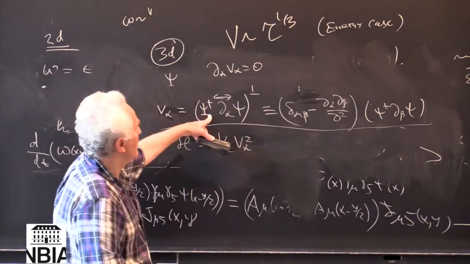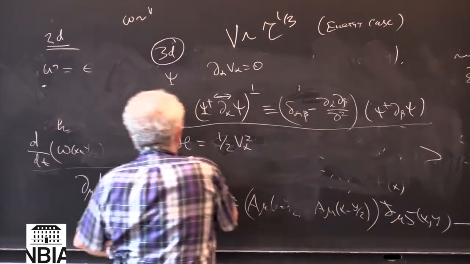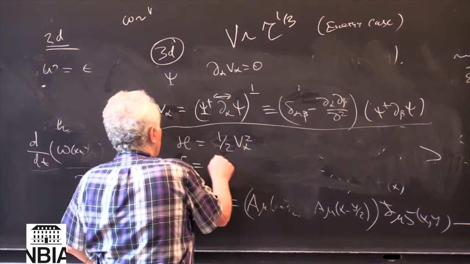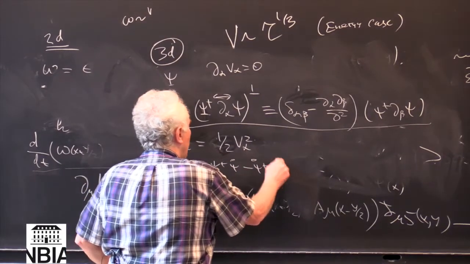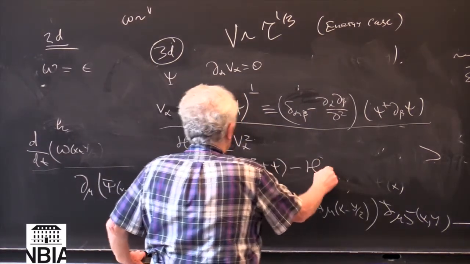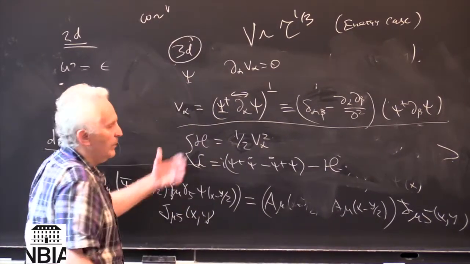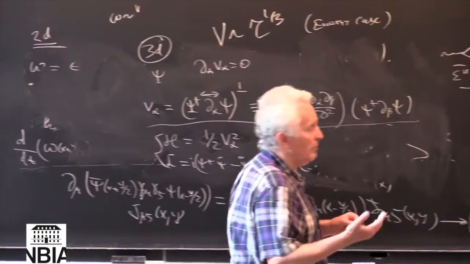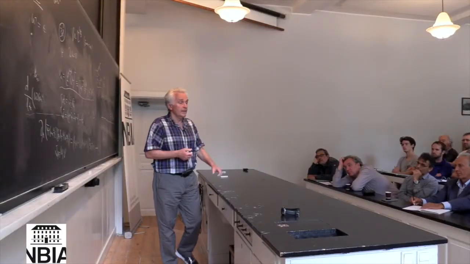You have to express V alpha in terms of psi's, and the Lagrangian is just psi dagger psi dot minus psi dagger dot psi, with i, minus the Hamiltonian. So it's very canonical, and you can obtain it by some limiting procedure from the Bose gas.